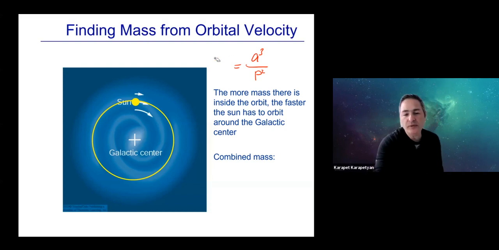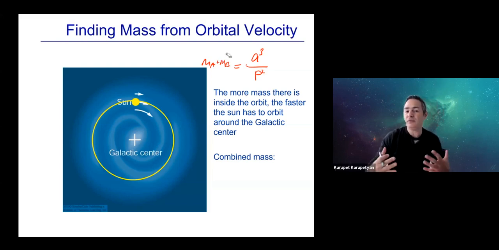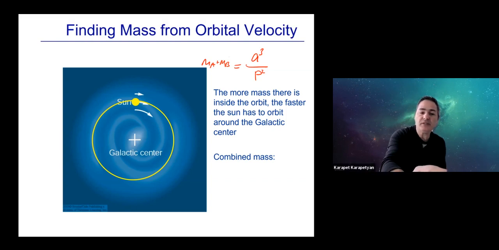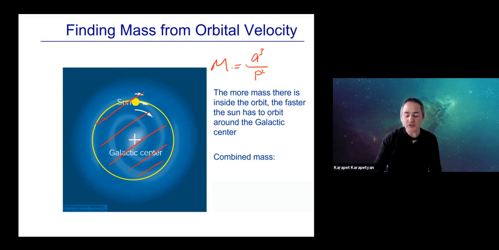Back then, when we were talking about binary star systems, we said that this is mass of A plus mass of B, basically the sum of the two stars in the system. But here we can think about this, MA plus MB is the total mass of the system. And for us, it could be what's basically within this orbit of the sun relative to the galactic center. So the total mass within that orbit can be easily calculated from a cubed over p squared.